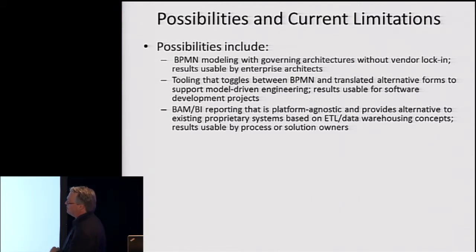And then finally, BAM or BI type of reporting that is platform agnostic and provides an alternative to proprietary systems based on traditional ETL types of models can give way to something that's much richer. And these are essentially the three use cases that we see for BPMN model information understood in semantic form.